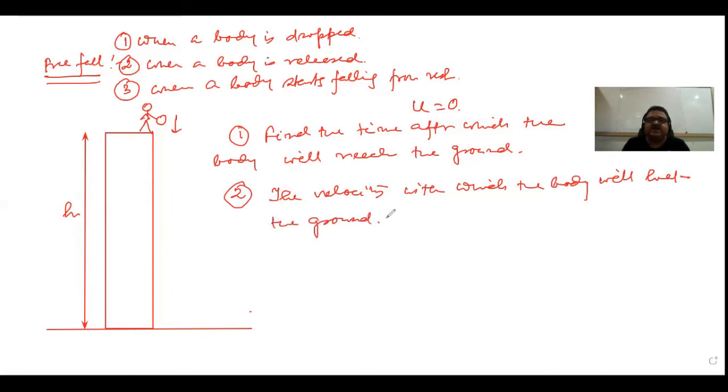As I said, we always consider the level of throw, whether upward or downward, as the reference.